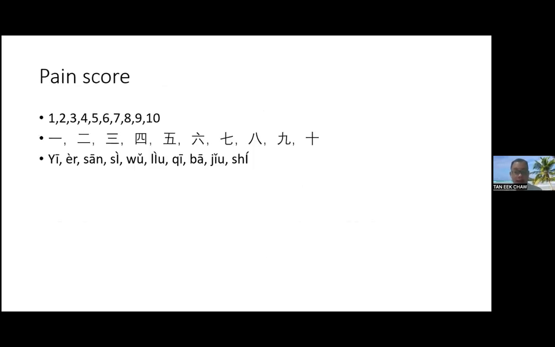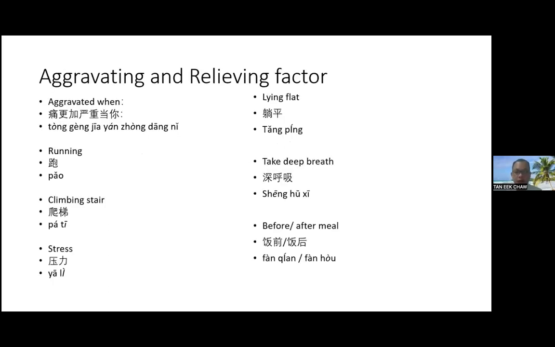So you also want to ask regarding the pain score. From 0 to 10, what's your pain score? So you can ask 0到10，那个痛是多少？1、2、3、4、5、6、7、8、9、10. And also aggravating factors and relieving factors.